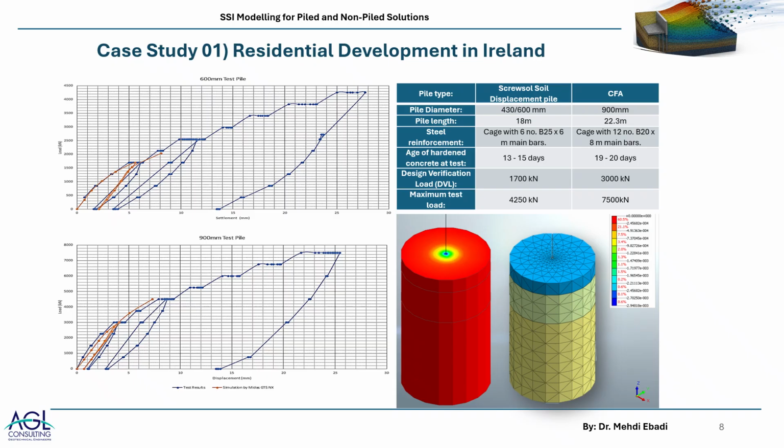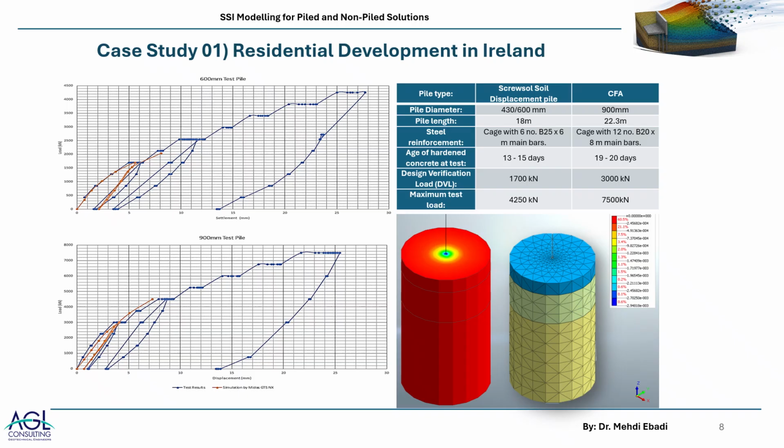One of the piles was a screw-type soil displacement pile, 430 to 600 millimeter diameter, and the other one was a 900 millimeter CFA pile. So the first one, the 600 mil one, was 18 meters long, and the CFA one was 22.3 meters long.